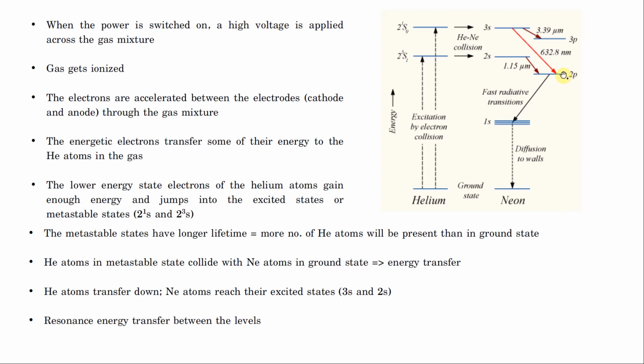So from the 2p level, the neon atoms come towards the 1s level by means of quick spontaneous emission of photons, and those new photons can trigger the excitation of new neon atoms from the level 1s.